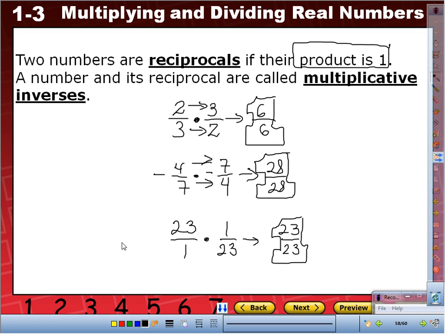Okay, so think about it. Let's say your BFF walked in and missed the whole reciprocal talk that we had right now. What would you tell them a reciprocal is? Think about it. Tell your neighbor what a reciprocal is.